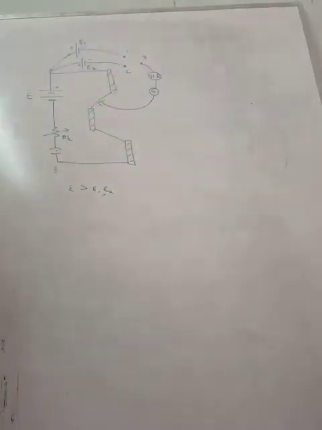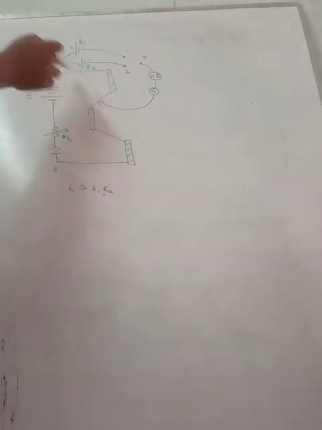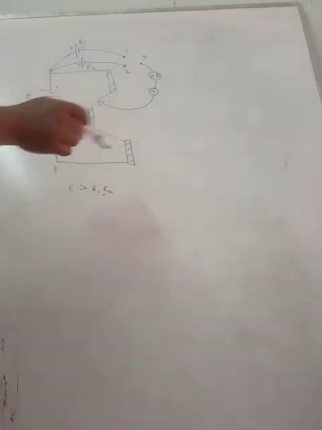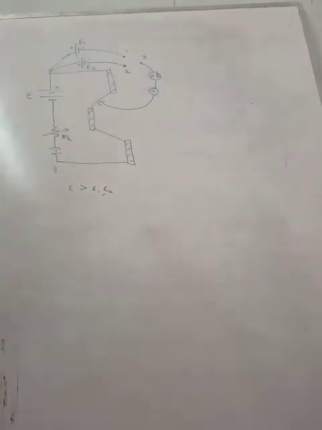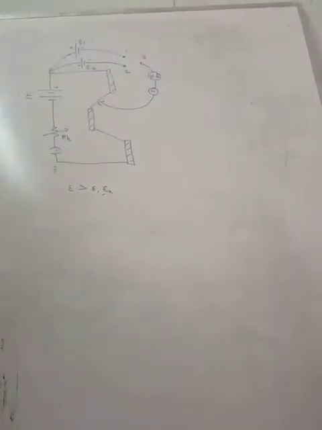That means the balancing point will not be available across the length AB. It may be available on the side A or on the side B, so it shows same side deflection. To avoid that, we should use a primary battery with an EMF greater than that of the secondary circuit.